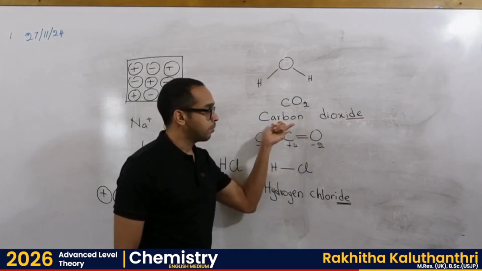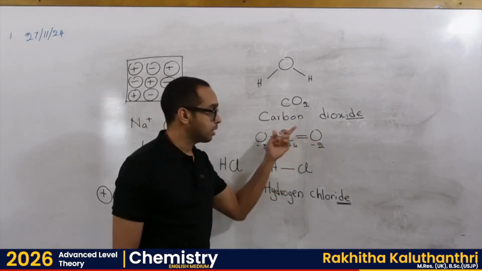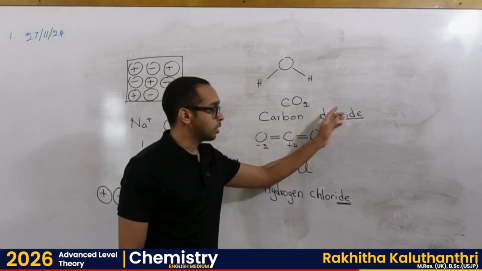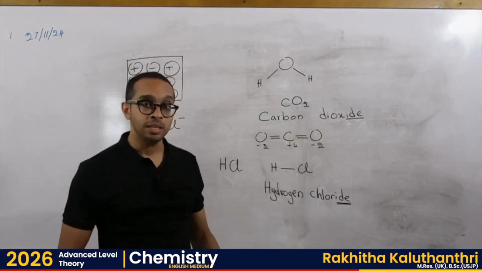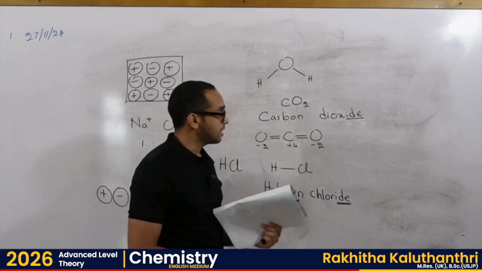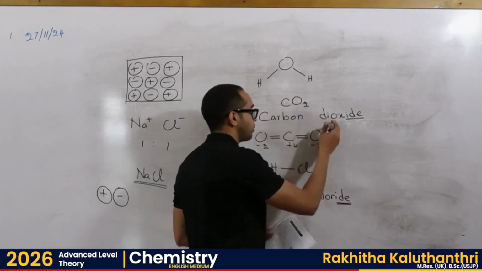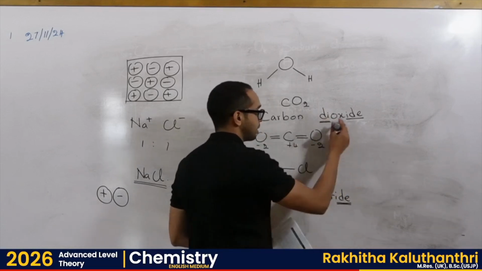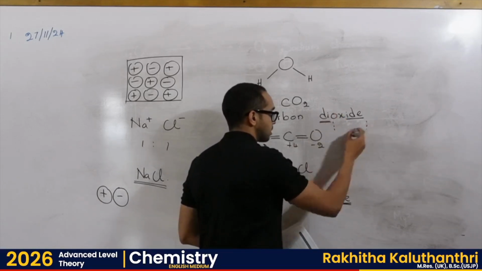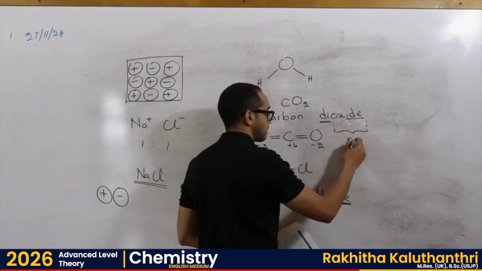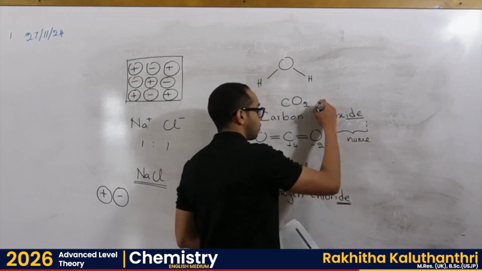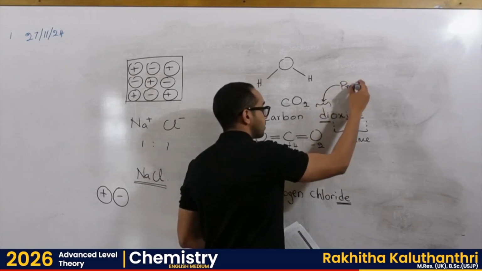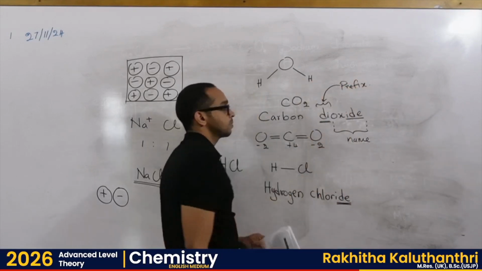The first element's name, which is the more positive oxidation state element, will be written without any changes to its name, and the second element's name usually will be written with the IDE ending. Now this name also brings us to another very important point, that is the prefix before the name of the second element. The name of the second element is this. Now what we have over here is a prefix, right?